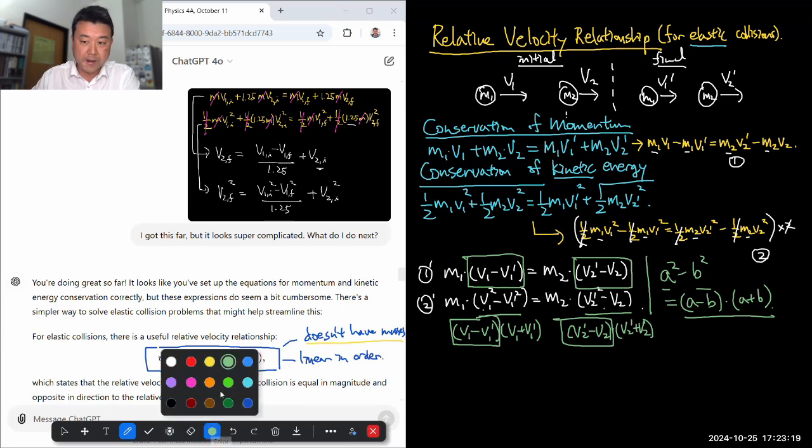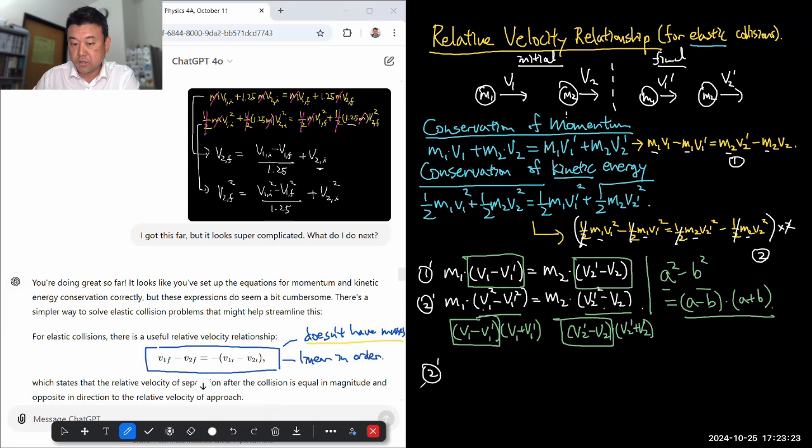So if I write down something that looks like 2 prime as an equation divided by 1 prime as an equation, then this is what I get. I'm just going to write down the factored version.